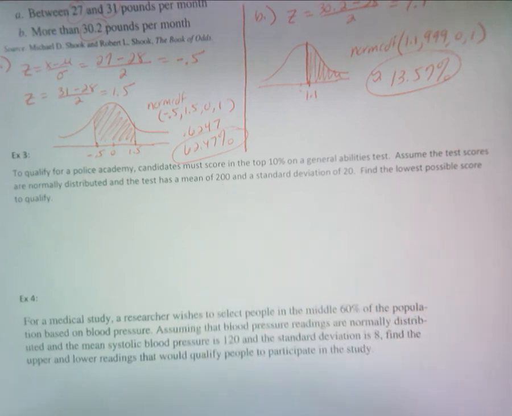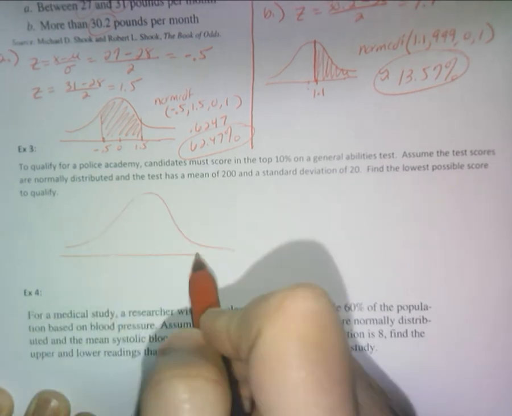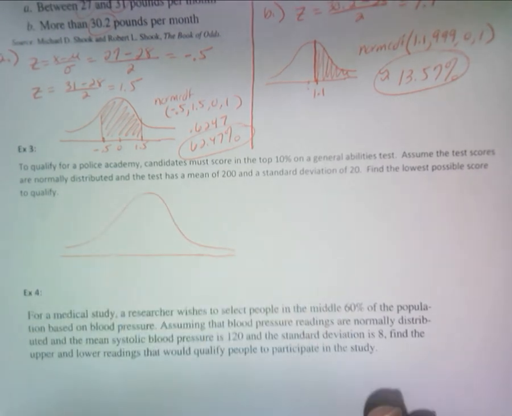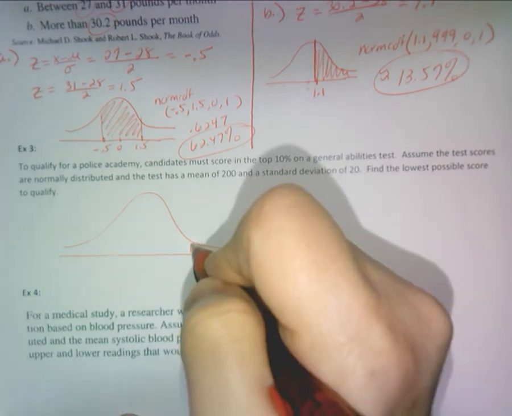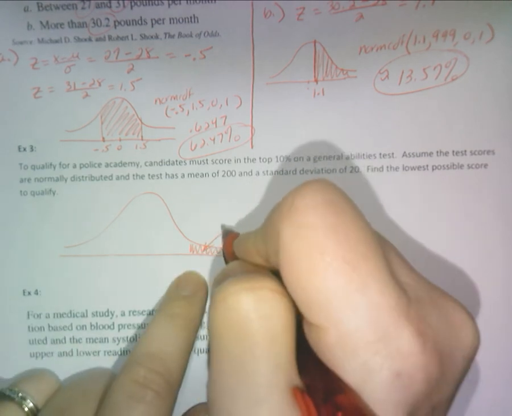So here's going to be a backwards way of doing this. When I'm drawing this out, if I wanted to qualify for the police academy, I need to be in the top 10%. Where do you think I would shade? Right or left on this one? Doesn't that make sense to the right? This would be very tiny over here, like this is an area of 10%.